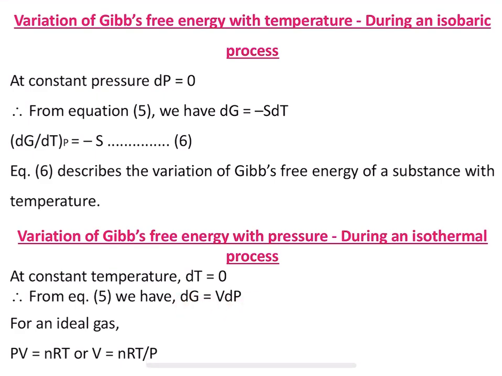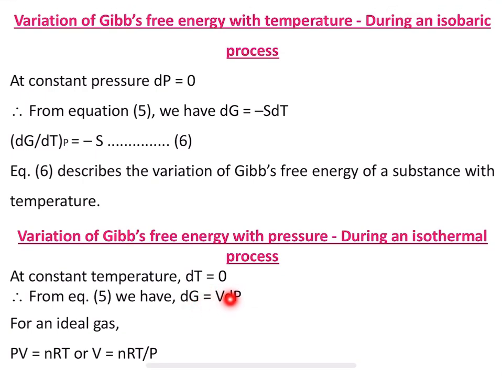For an ideal gas, this is a general representation: PV is equal to nRT. We all know this. Let me rearrange this equation, because here there is a term V and I want to substitute the value of V here.